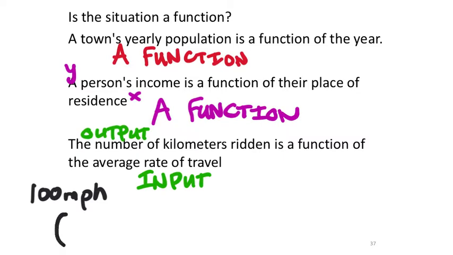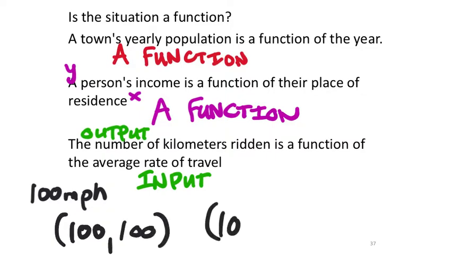I could just stop at 100 kilometers, right? So I could say 100 miles per hour, and then I would drive 100 kilometers, I guess. But could I stop at 50 as well? Driving 100 kilometers per hour or miles per hour, could I stop at 50 kilometers? The answer is yes, I could. But now we have an input that gives us 2 different outputs. And so this one right here is not a function.